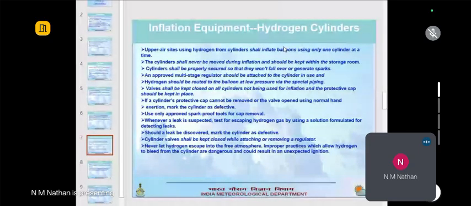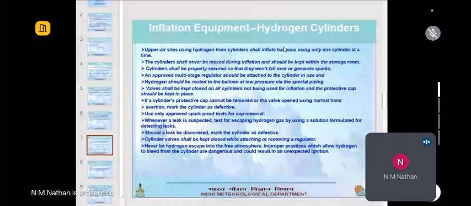The cylinder shall not be moved. The cylinder should be kept in a proper position, and you have to fill the balloon with proper connectors. Using that only you have to do it, and if possible, it should be put on a table. That is the best method.